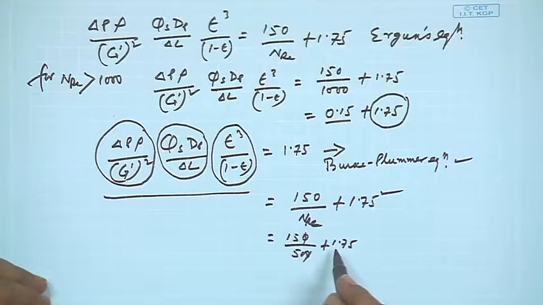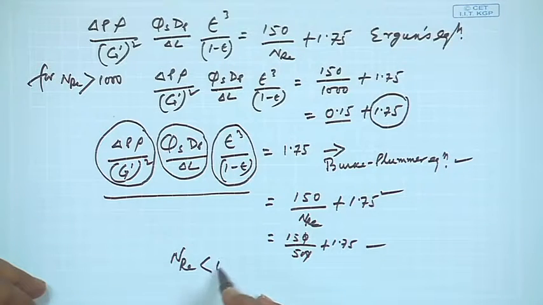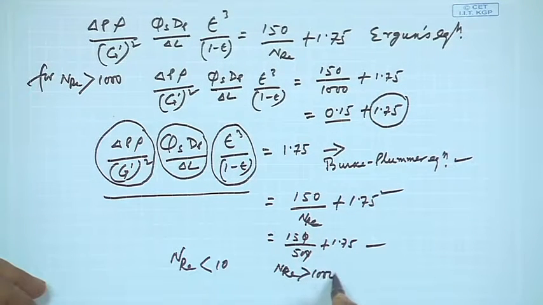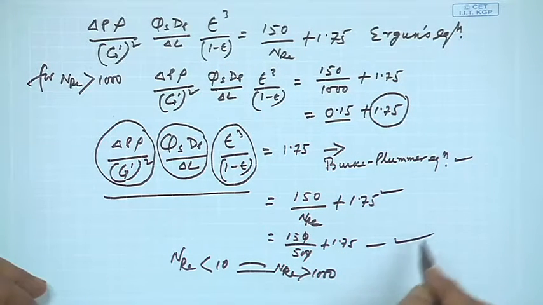So 0.4 and 1.75 are not so different, only 3-4 times, so in that case it cannot be neglected. That is why, whether NRE is less than 10, greater than 1000, or in between, the entire range can be covered by Ergun's equation.